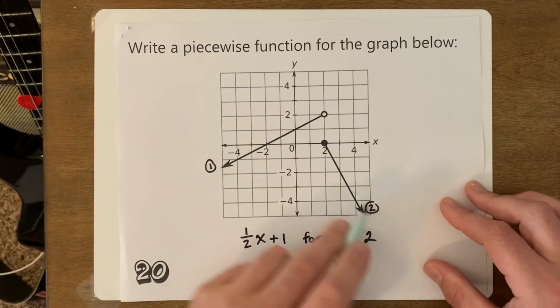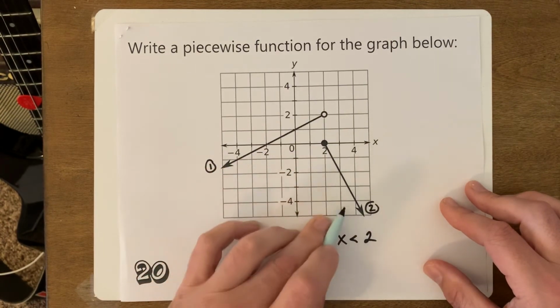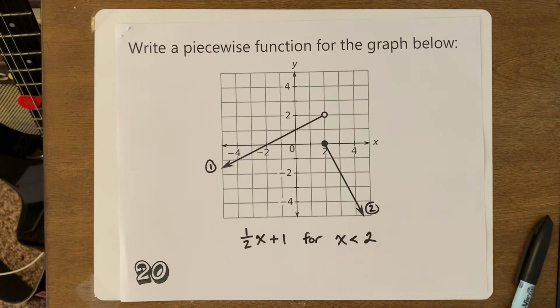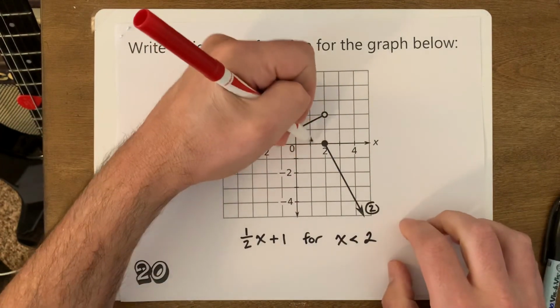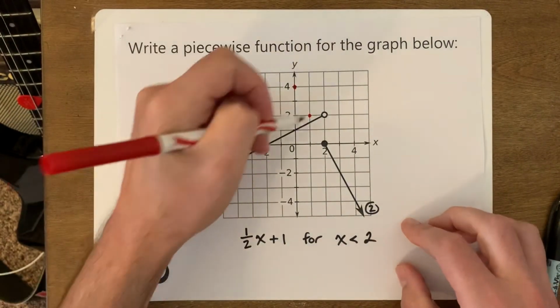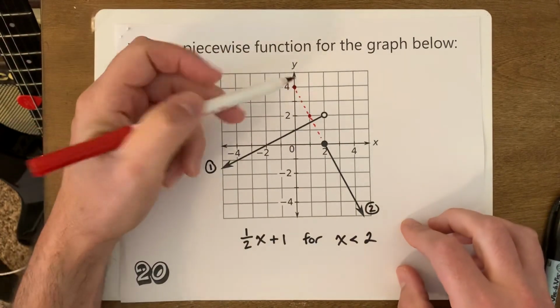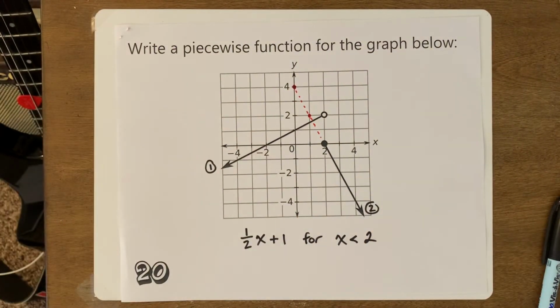Piece number 2 has a slope of -2, down 2 over 1. And so let's take a look and see what that y-intercept would be. So if you keep going, back 1 up 2, it looks like it would keep going like this, right? And it would eventually hit 4 for the y-intercept.